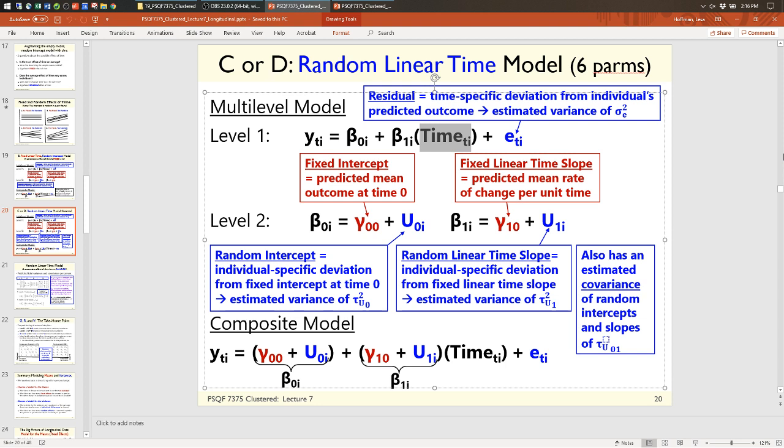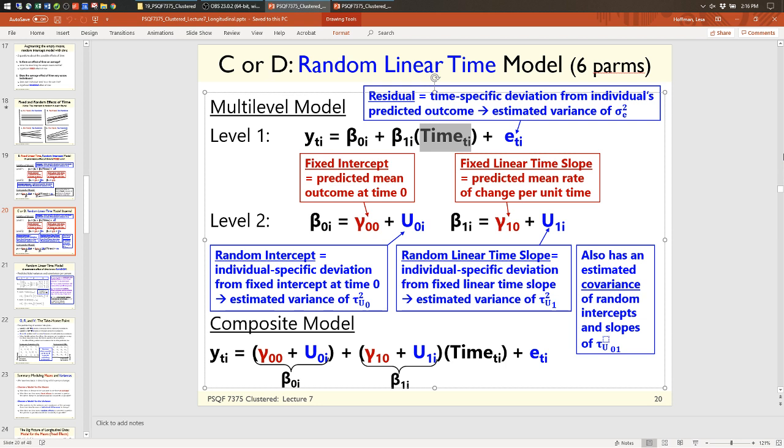So if each person is on a different measurement schedule, either on purpose or because the study somehow got screwed up because real people are real people, what do we call that? Unbalanced, yeah. So one of the hallmarks of multilevel modeling is this capacity to address unbalanced time by treating it as a continuous variable. So time doesn't have to be 1, 2, 3, 4. It can be whatever it happens to be.